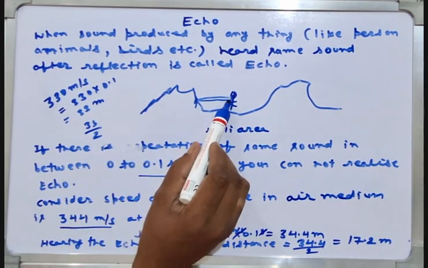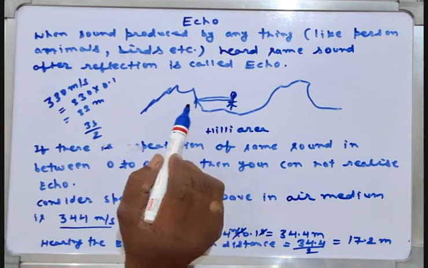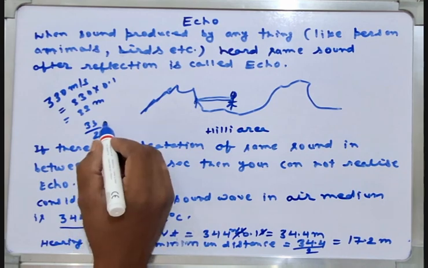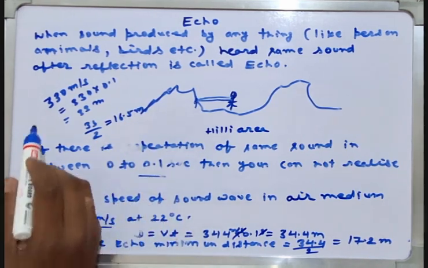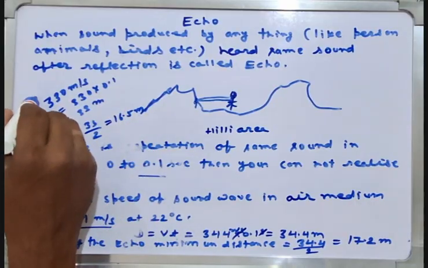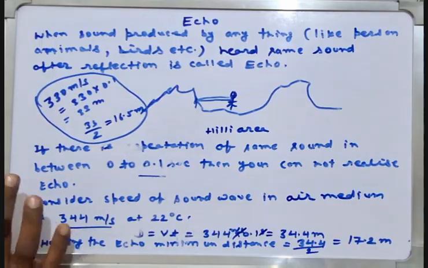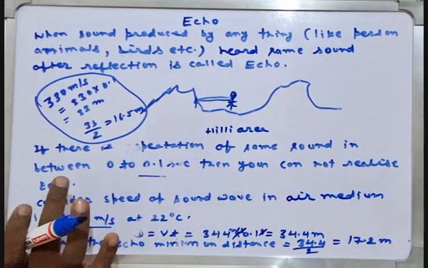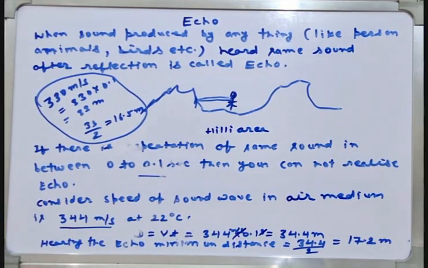Why? Because one is the distance from here to the incident point and one is reflected back. So this will come to 16.5 meter. So if temperature is not discussed in the question, or only velocity is given, then you can solve like this. Okay, so this is all about the echo.